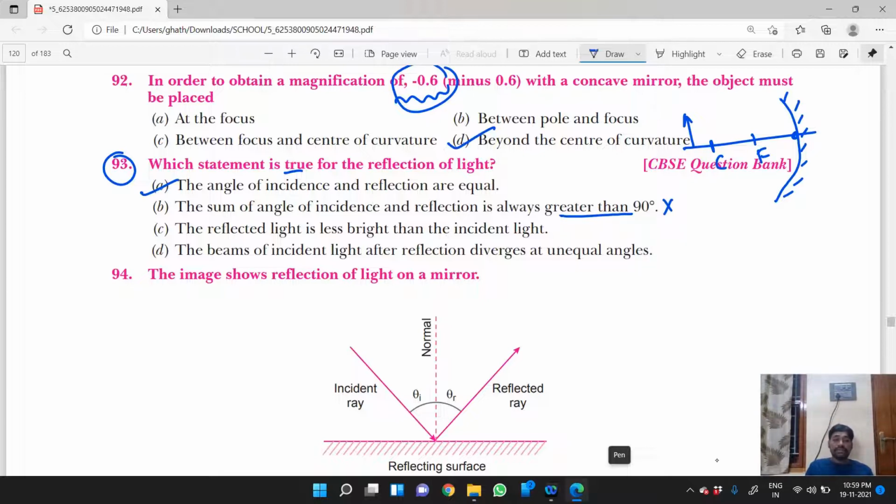The reflected ray is less bright than the incident light: this is not true, because in total internal reflection all the light is reflected from the surface, so we cannot accept this statement. A beam of light after reflection diverges at unequal angles: it is also wrong. So the answer is A.